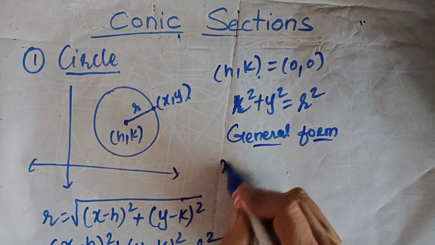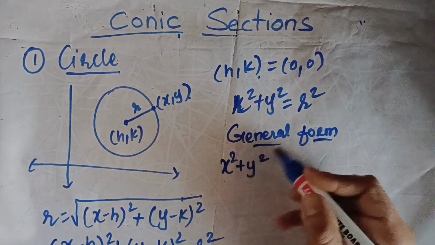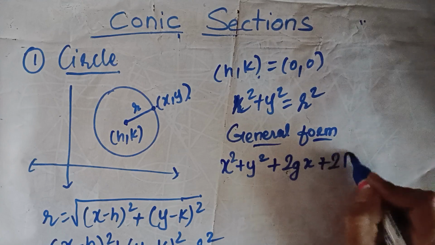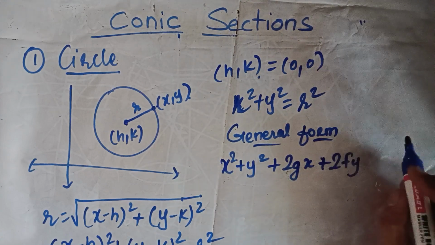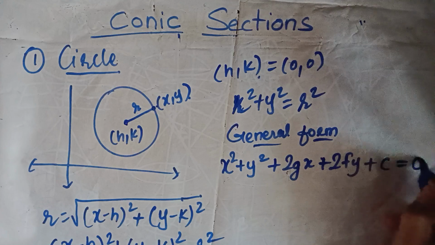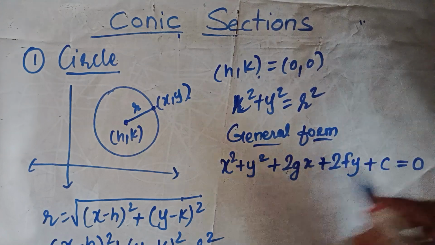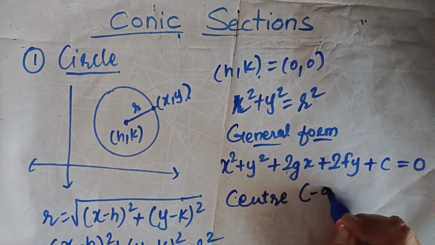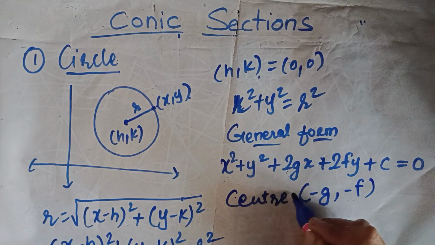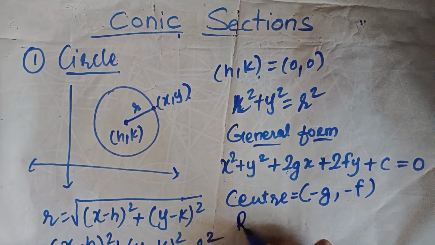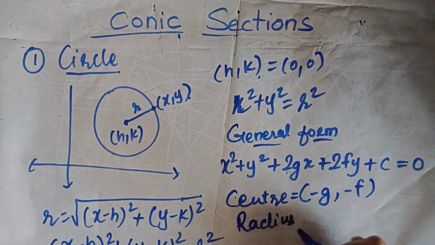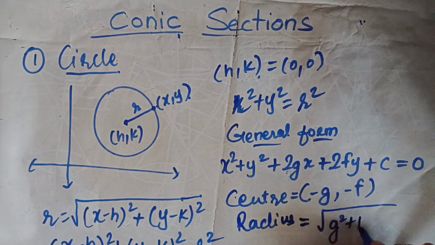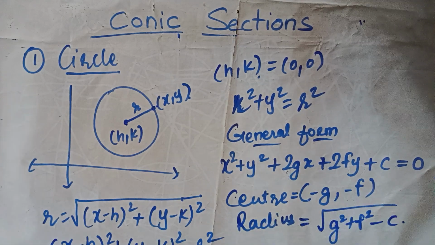That is x square plus y square plus 2gx plus 2fy plus c equal to 0, where the center is given by minus g comma minus f and the radius is given by root of g square plus f square minus c.